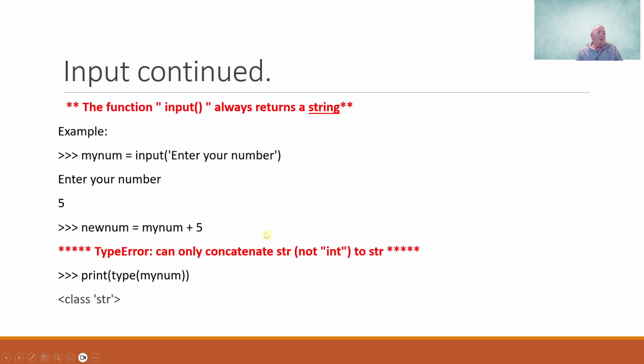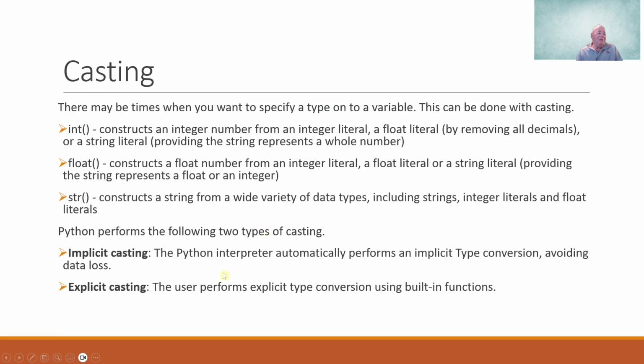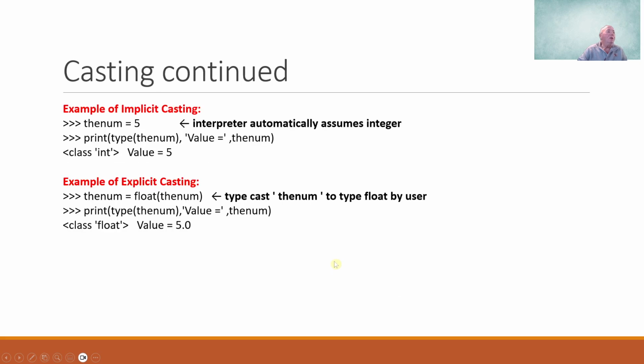All right, two types of casting. As it says, one automatically performs implicit type conversion, but explicit casting, which is what I've been talking about, is when we type in that we want it to treat this variable as something else. All right, so here's an example. The num is assigned the value of 5 because it looks like an integer.